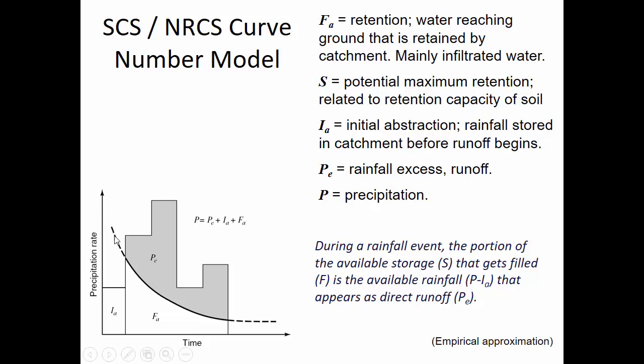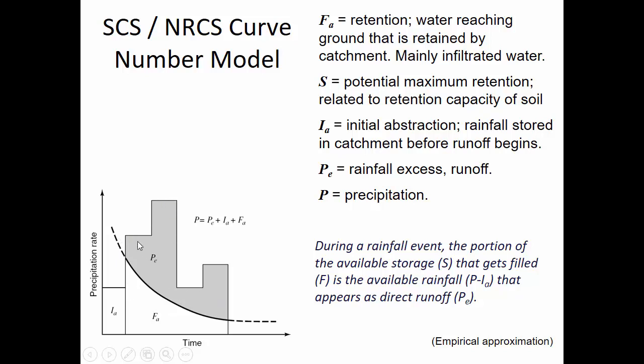So we've overlaid that figure of declining rate of infiltration on top of a rainfall hyetograph. This rainfall hyetograph is of a hypothetical storm: at the beginning there was a certain amount of precipitation, and the precipitation rate went up, it went up again, then it decreased.